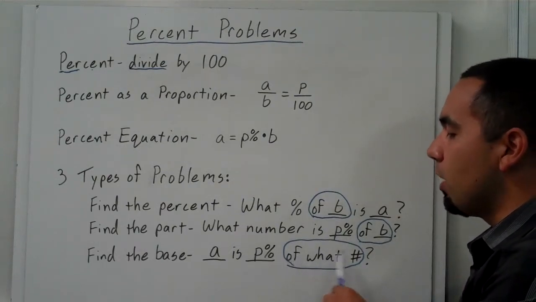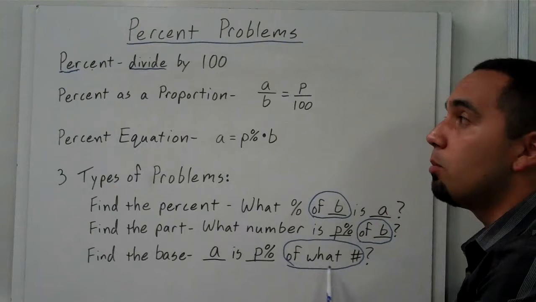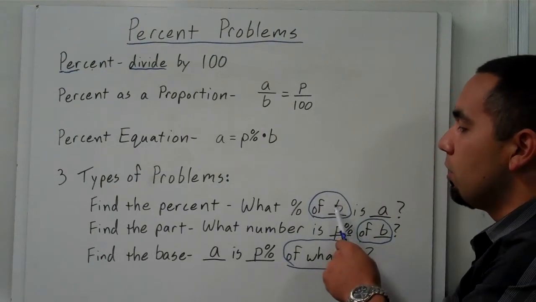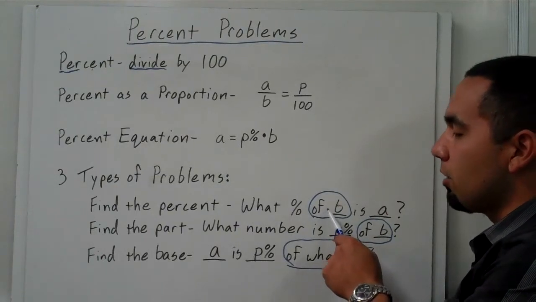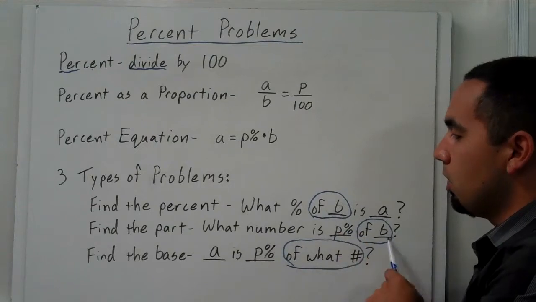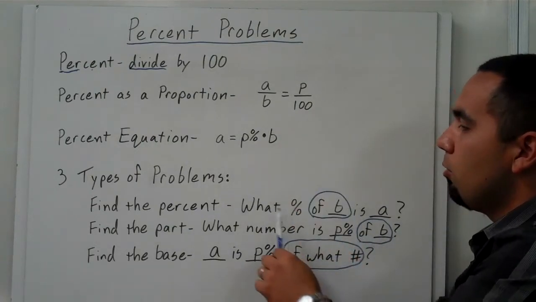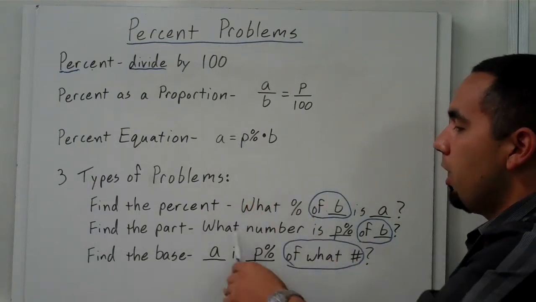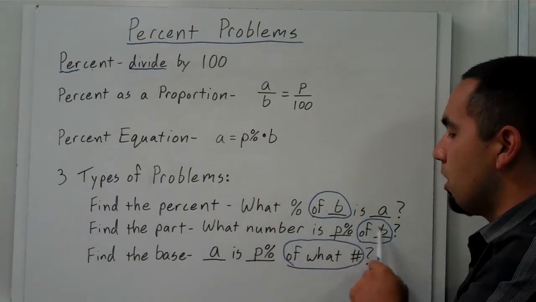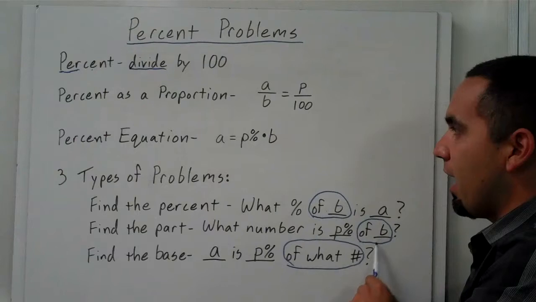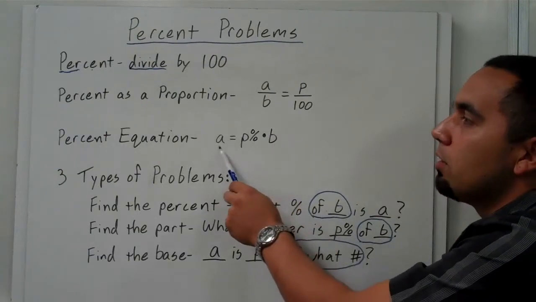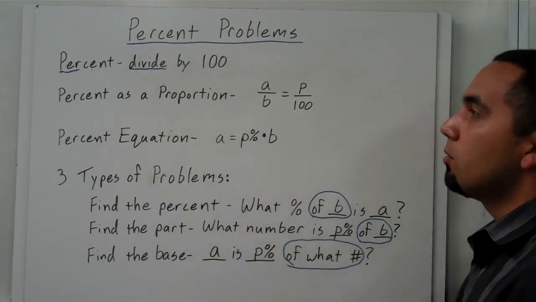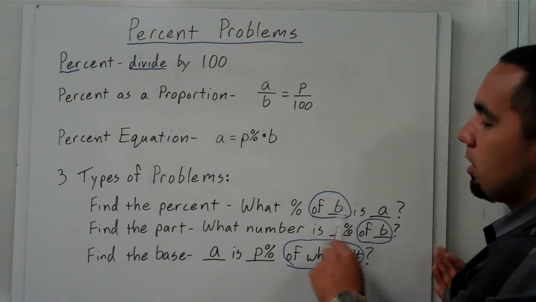And since we're trying to find the base here, it's asking what number is the base. So of B tells you what B is. What percentage? Well, then I know I'm trying to find P. And what number is a percentage of B? Well, I have the percentage and I have B, so I'm probably solving for A. Okay? So this is kind of your key.